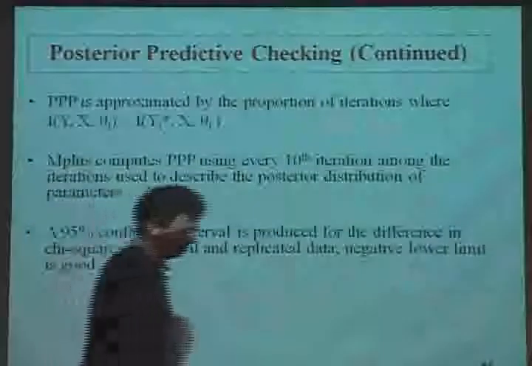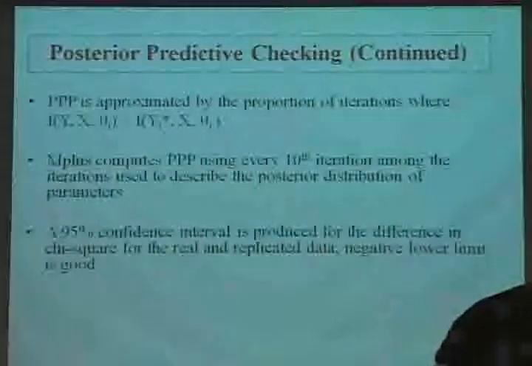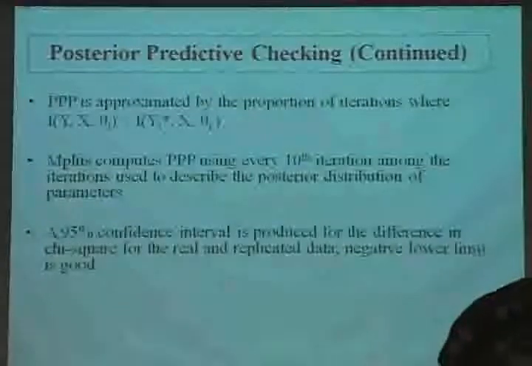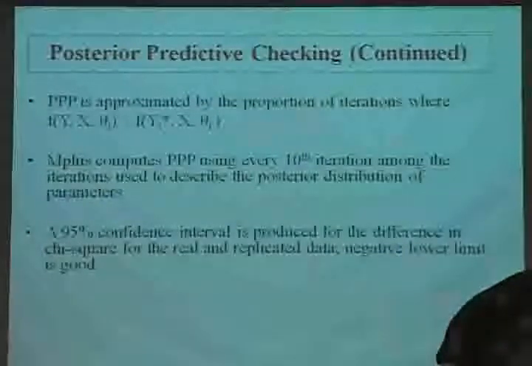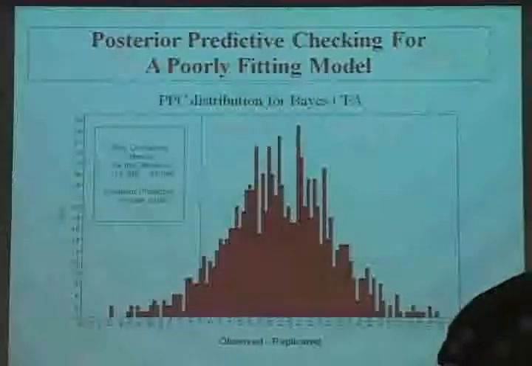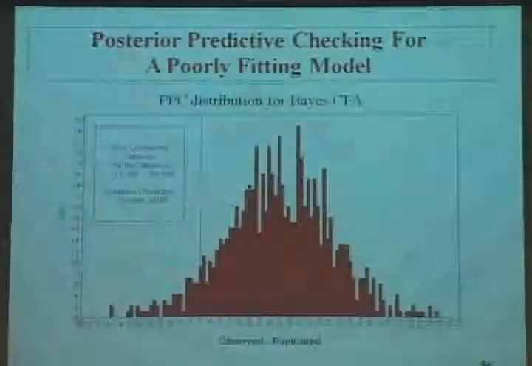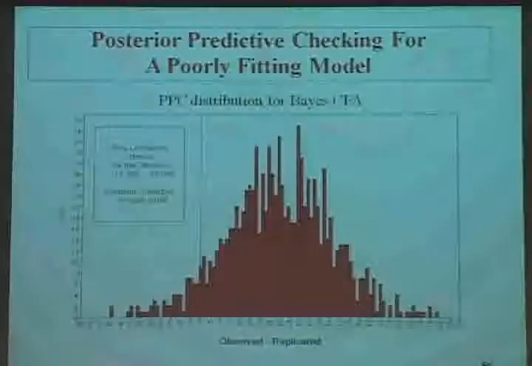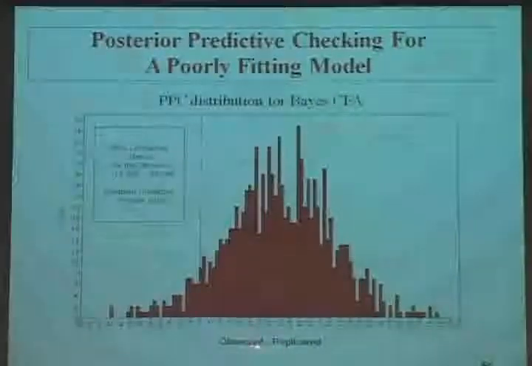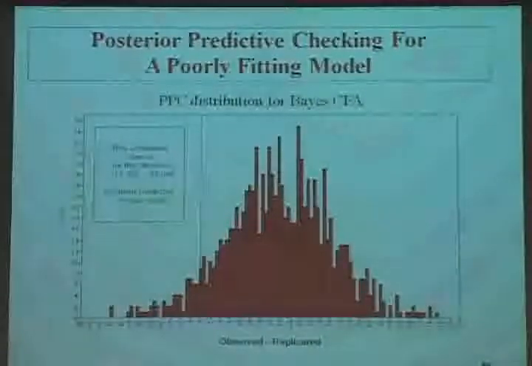We get a lot of plots and a 95% confidence interval for the PPP value. Actually, that's not a 95% confidence interval for the PPP value. It's a 95% confidence interval for the difference between the observed discrepancies and the replicated discrepancies.